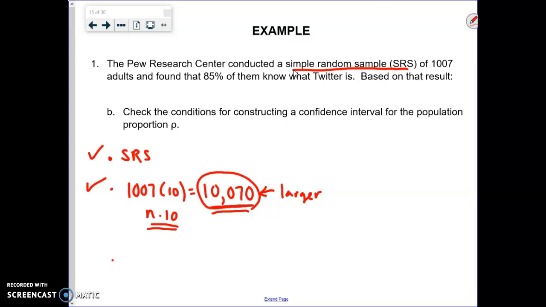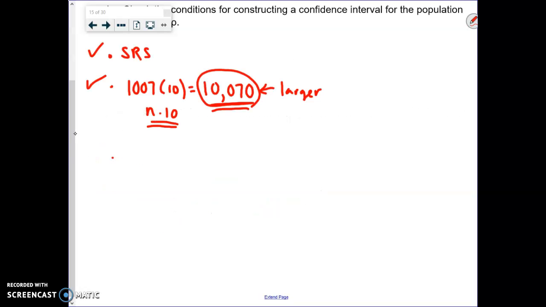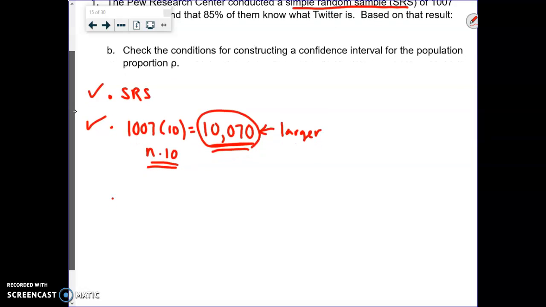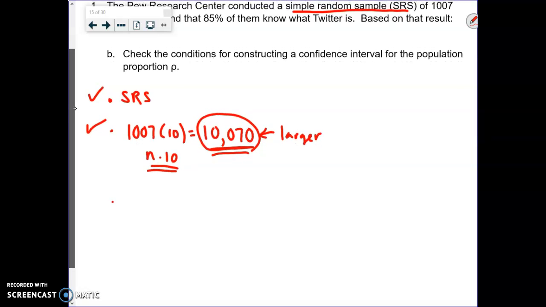Now the third one says we need to assume we have a normal distribution. In order to do that, n times p hat, which in this case is 1,007 times 0.85, has to be larger than or equal to 10. If you multiply those together and do a little rounding, you get 856, and that is larger than 10.